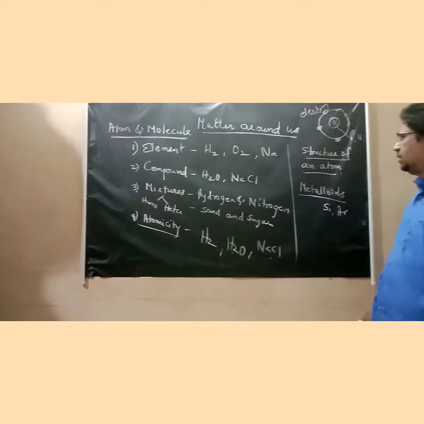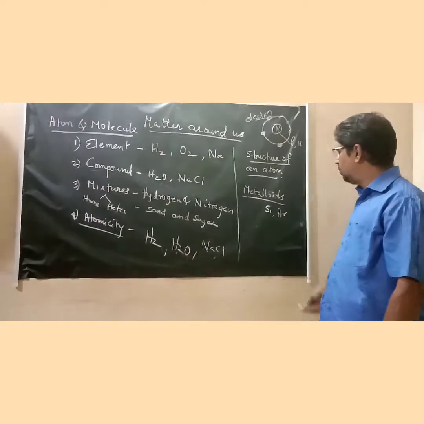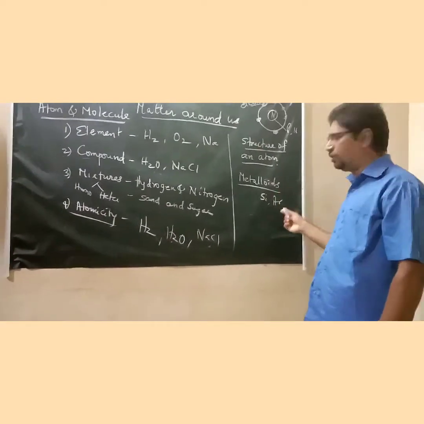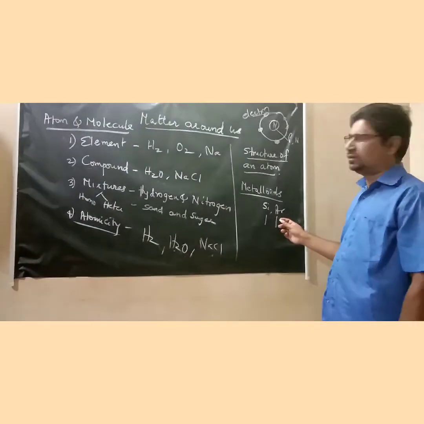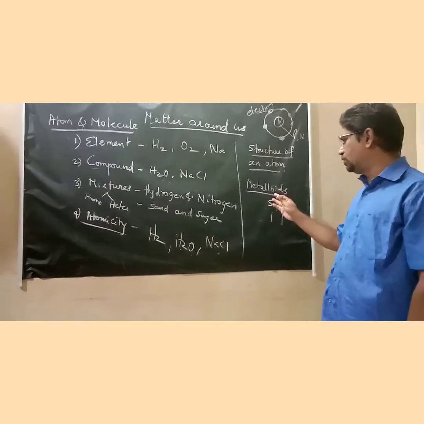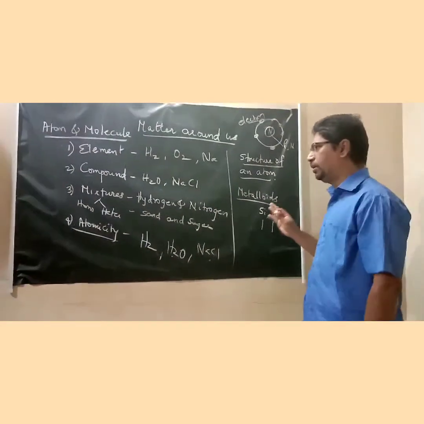Some of them have a combination of properties of both metals and non-metals. For example, silicon, arsenic. These can be said to be metalloids. So metalloids are matter which are a combination of both metals and non-metals.